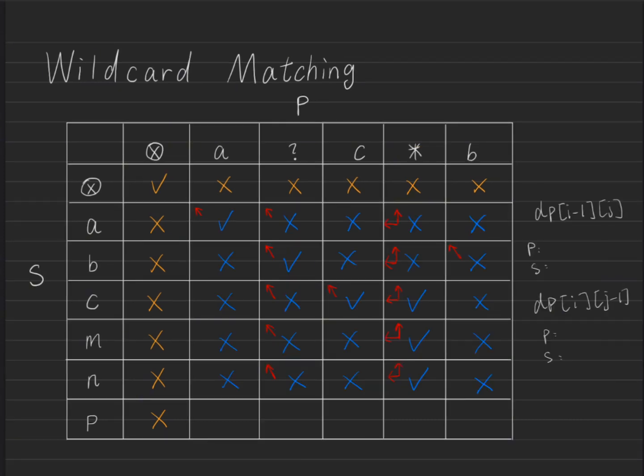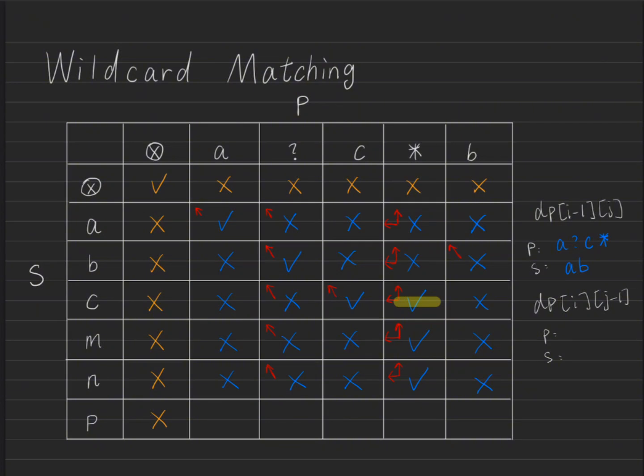The answer is we will look at dp at i minus 1, j and dp at i, j minus 1. And if either of them is true, we return true. Why? Let's look at two examples. In the first example, for dp at i minus 1, j, P is ?c* and S is ab.